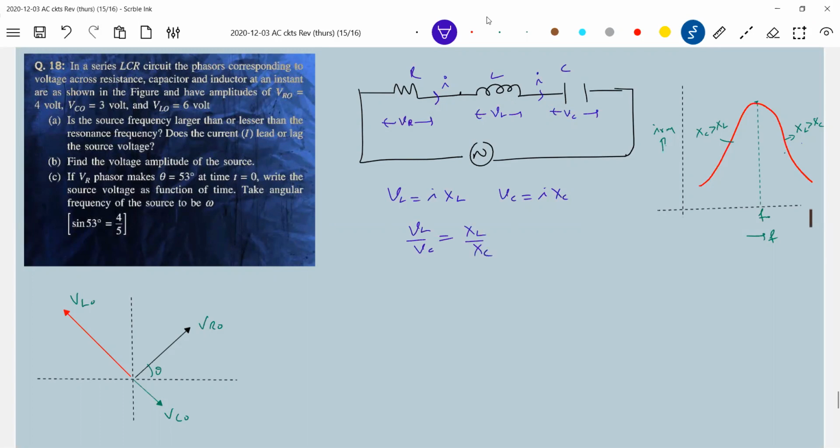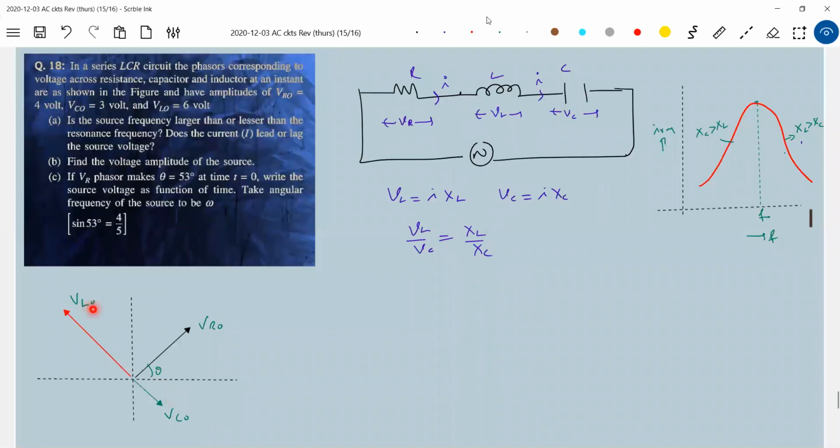So where is this particular given circuit? Somewhere here, no? At resonance, how would the phasor diagram have been? These two will be equal and opposite, with the same magnitude.